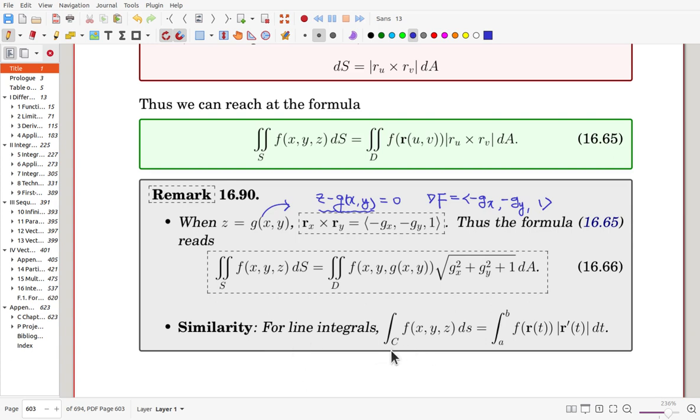Now, for a curve in 3D, there is a curve integral along with arc length. Then ds, little s, is the same as the magnitude of r prime dt. And you can get the integral from a to b of this scalar function as a function of t. It's quite similar.